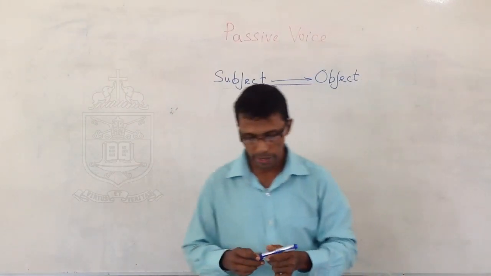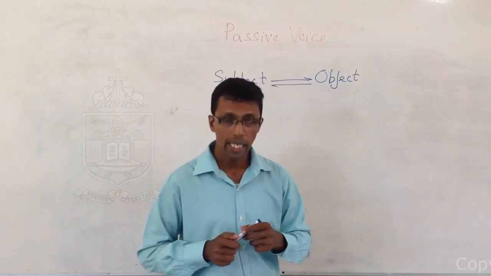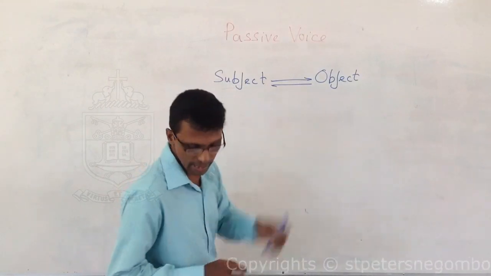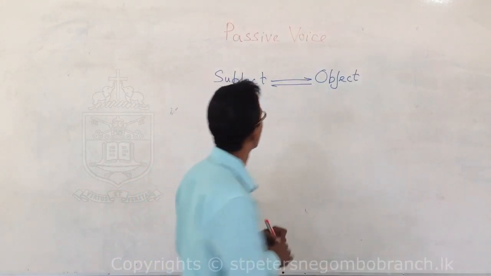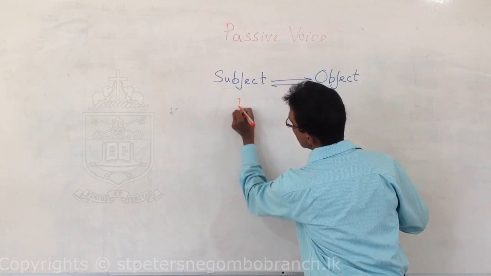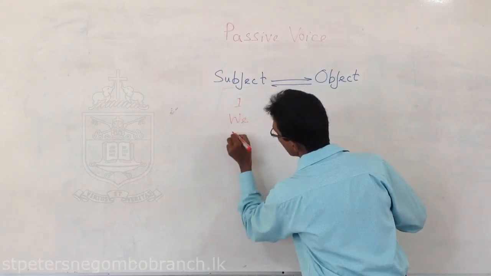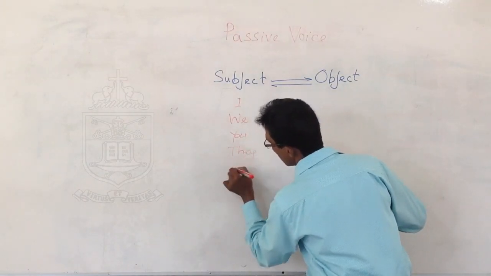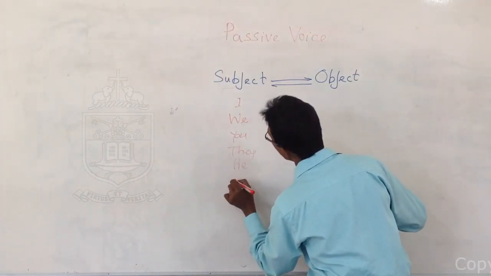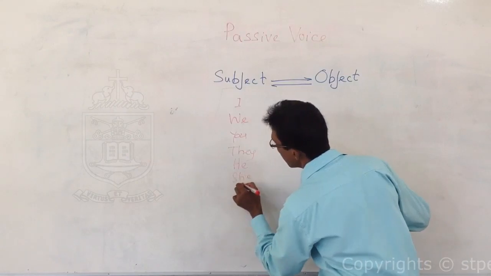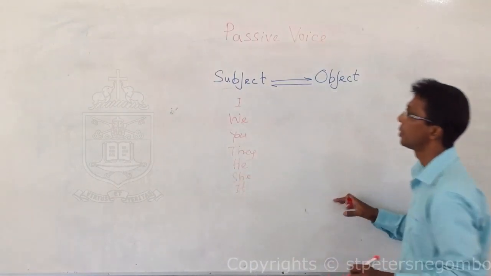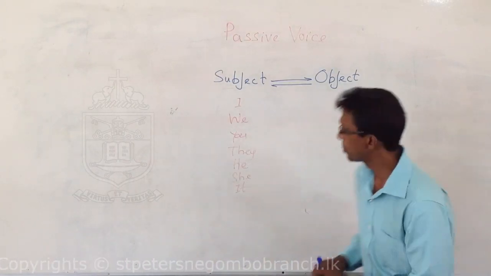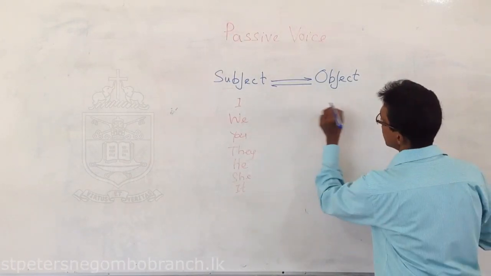I have given you this in the note that you can find on the school website. So the subject changes this way. These are subjects, and these subjects change this way.